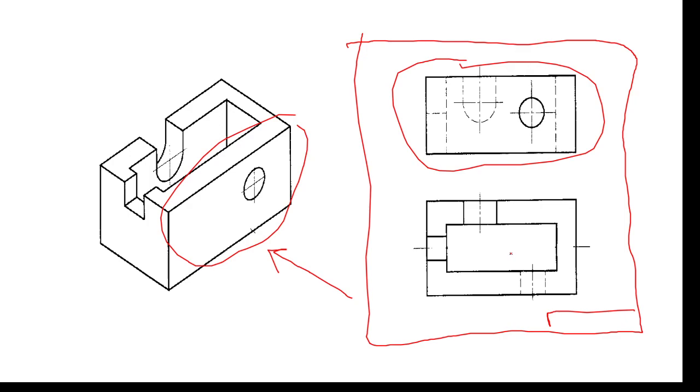For the hidden features, in drawing their projections, we use dashed lines. Yes, the channels are hidden, so the dashed part on the projection corresponds to the image of this semi-cylindrical channel, and this hidden rectangle corresponds to the image of this channel. It is at the left side.